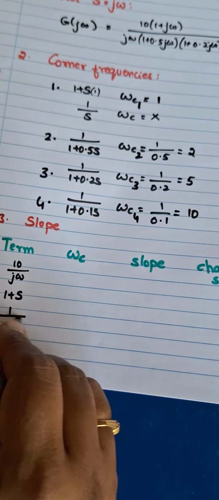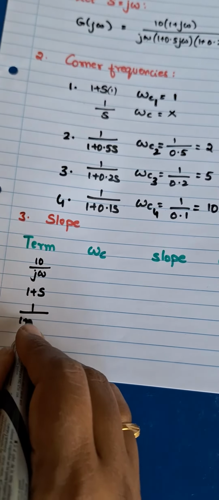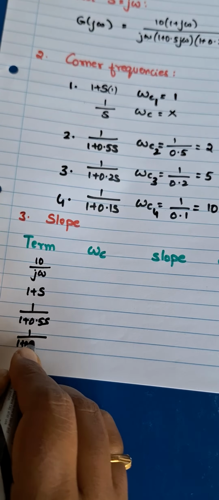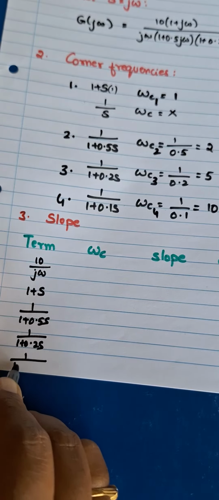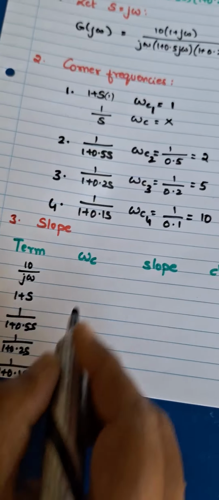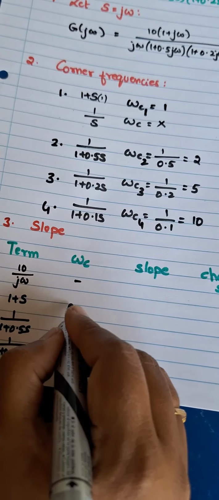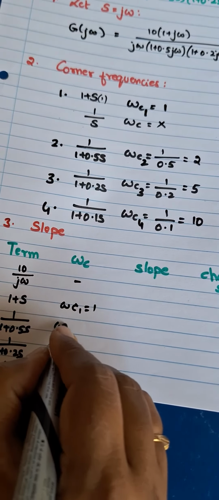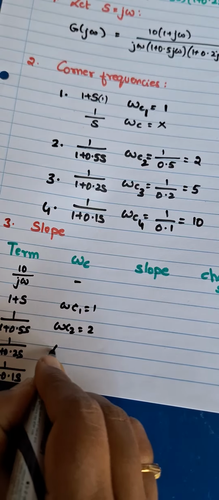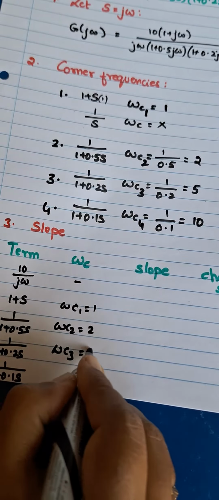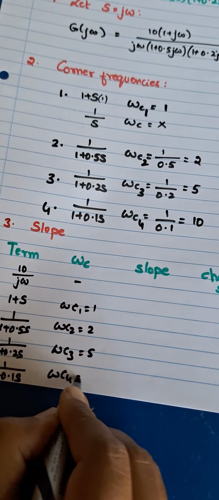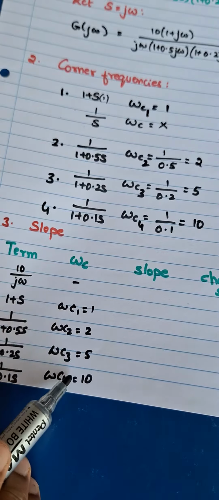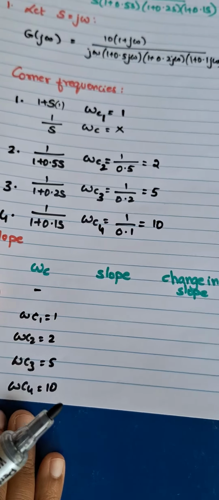Then omega c2, 1 by 1 plus 0.5s. Next 1 by 1 plus 0.2s. Next 1 by 1 plus 0.1s. Here the corner frequencies are omega c1 equals 1, omega c2 equals 2, omega c3 equals 5, omega c4 equals 10. The same values are written here in tabular form for clarity.